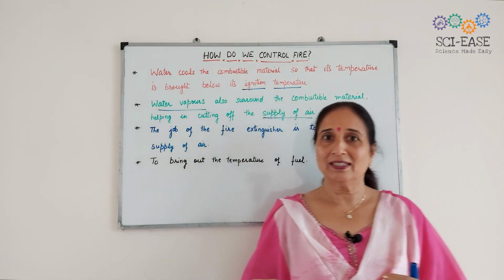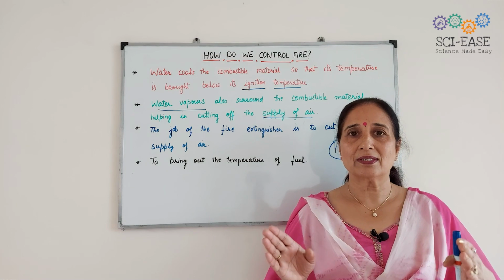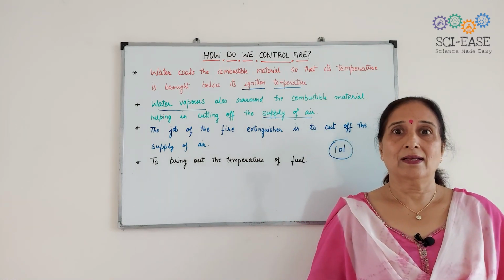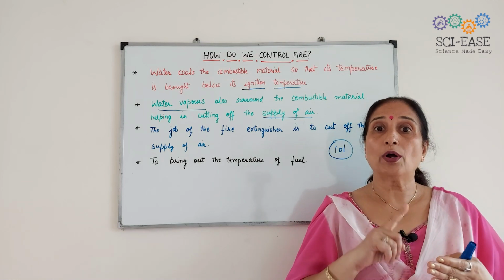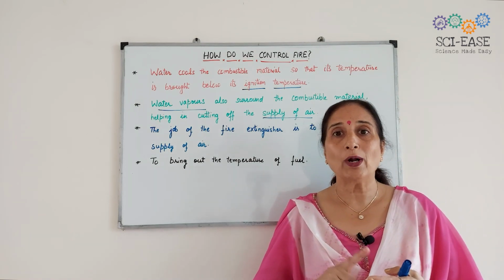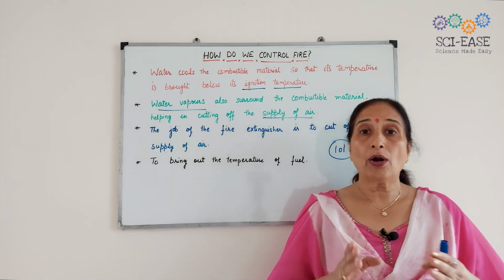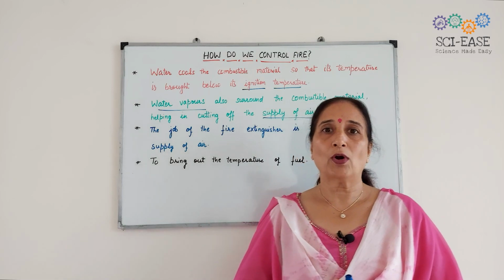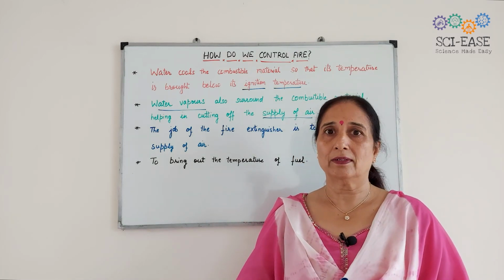So water is a very good substance to control fire. But in cases when the fire is due to some fault in an electrical appliance or due to a short circuit, we can't use water there.